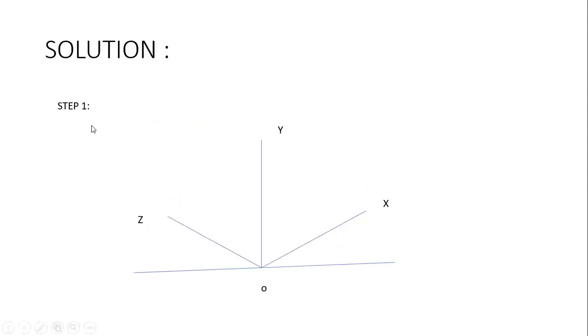In the solution part, first, in step 1, construct the isometric axis lines x, y, and z. These are three mutually perpendicular axis lines, which means at point O, all three isometric axis lines commonly intersect.